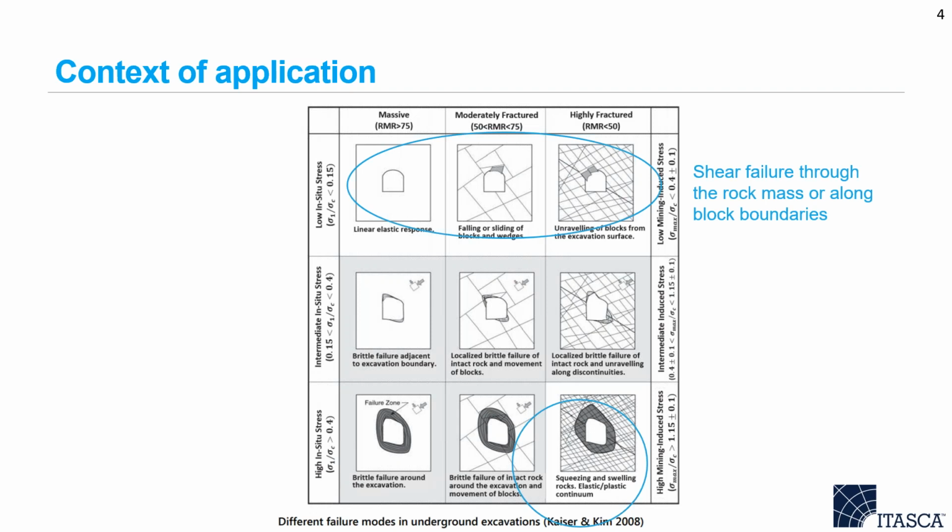When we can consider the rock mass as a continuum, we usually use continuum software such as FLAC3D, or when we can homogenize the rock mass. When we have discontinuities in the rock mass and behavior characterized by falling wedges, for example, we use discontinuum software such as 3DEC.